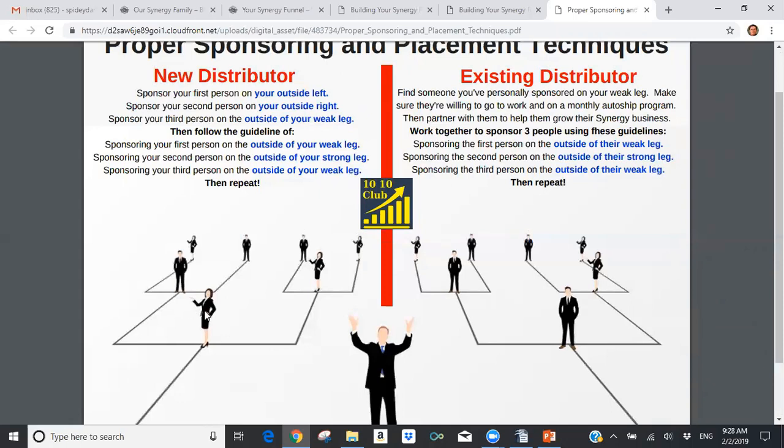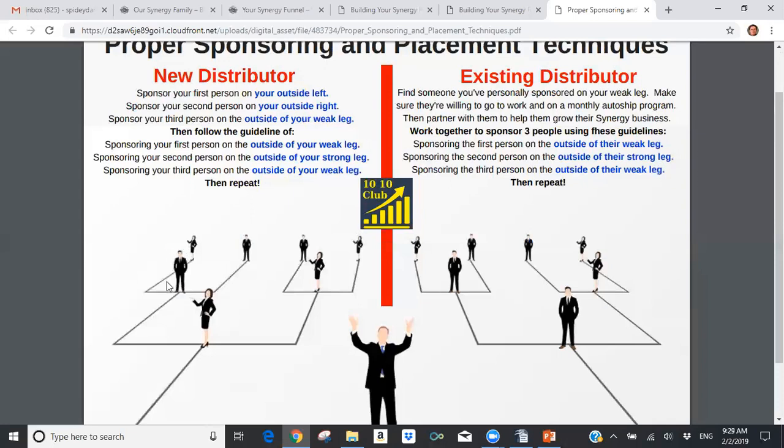And the second person that she brings in goes on her outside right. And the third person that she brings in goes on the outside of her weak leg. She goes into her back office, sees which is her weak leg, and then places them on the outside of that weak leg. And she teaches the people that she's personally sponsored to do the same thing.